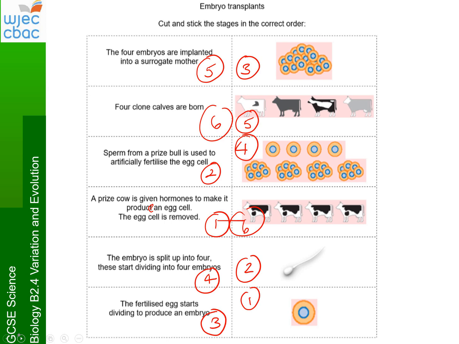Sorry, I missed one out. Fertilization occurs. Number 3 should be the fertilized egg cell develops into an embryo. The cells of the embryo are split apart for number 4. Each cell develops into another new embryo. That would be number 5. And number 6, the embryos are placed into the wombs.